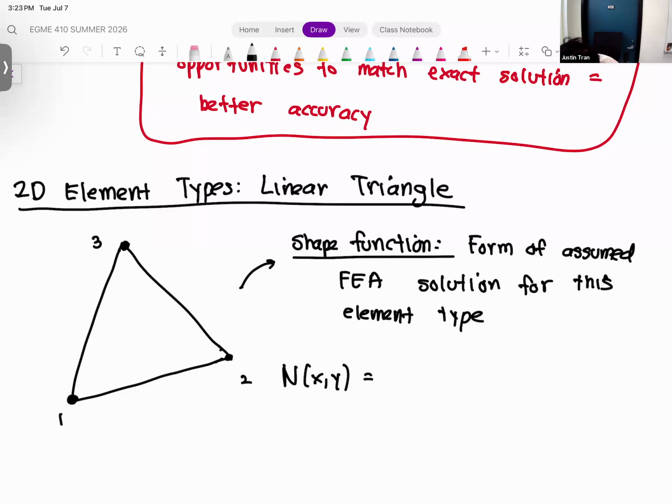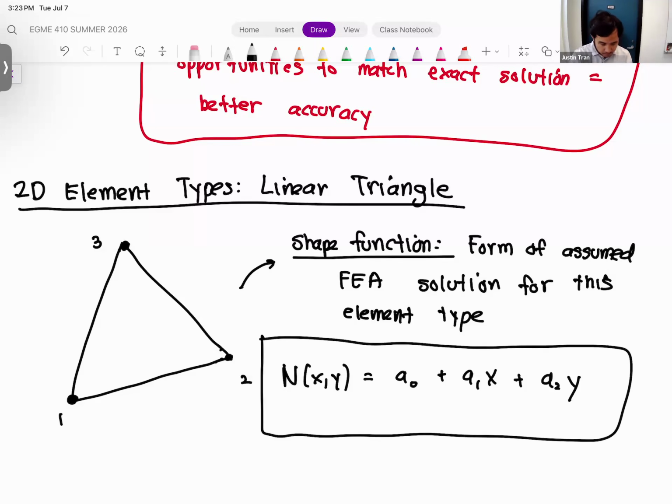It looks something like this: a0 plus a1x plus a2y. So this is the simplest shape function that we're going to get in 2 dimensions.